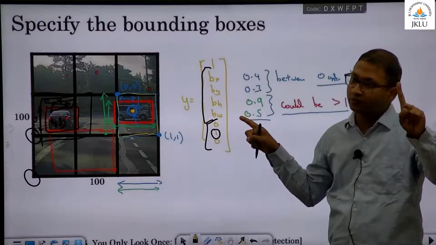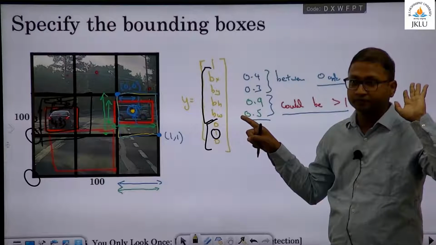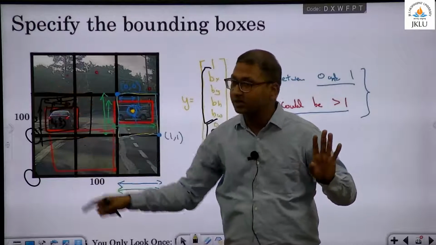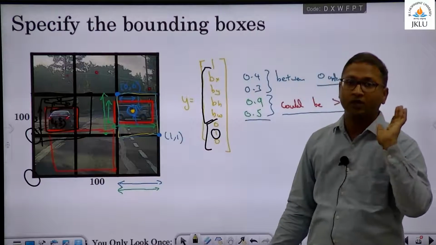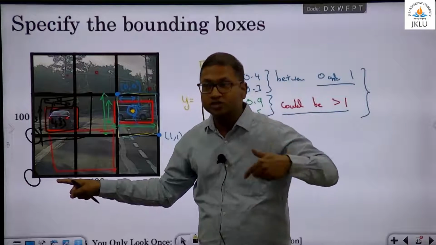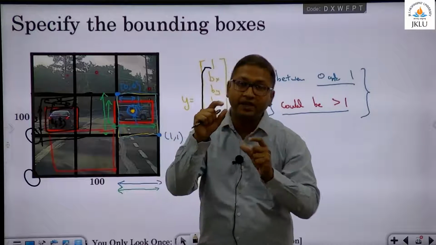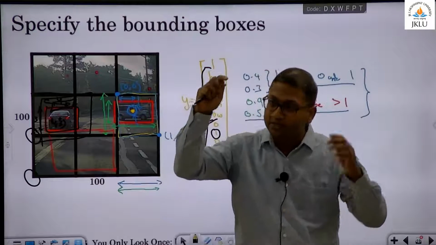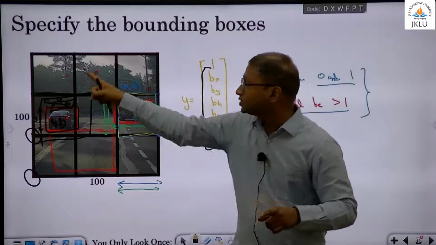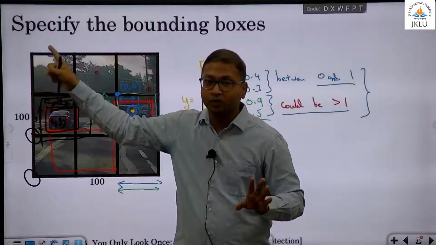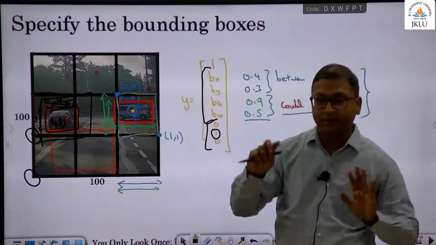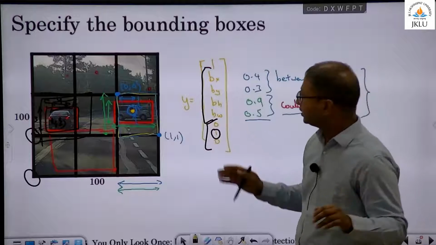That means it will give me just one object. It can be car, it can be pedestrian, it can be another car, it can be two cars here and one pedestrian. It is still going to give me just one car. So that's why they go from 3 cross 3 to 19 cross 19, because then the probability that the same grid will have two objects actually reduces, and that probability becomes 0 once you go to pixel level. Once you go to pixel level, that pixel will belong to only one class and nothing else. Okay?